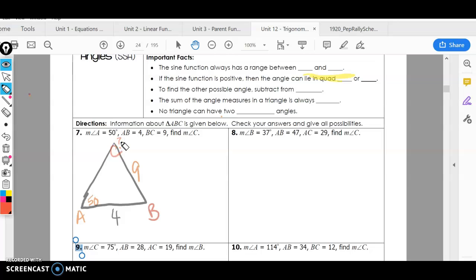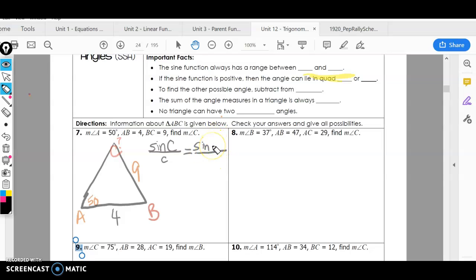Now let's see whether we're going to use the sine A, sine B, or sine C. Well, obviously we're going to use sine C to start because we're looking for C. So sine capital C divided by C is going to equal sine blank over blank.